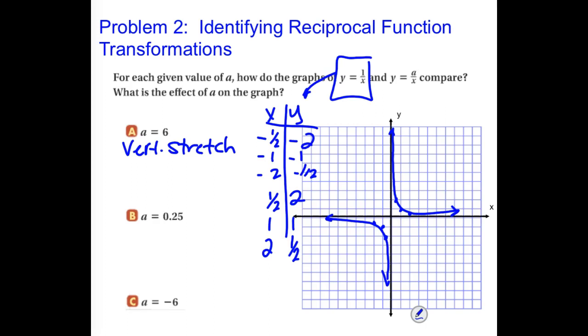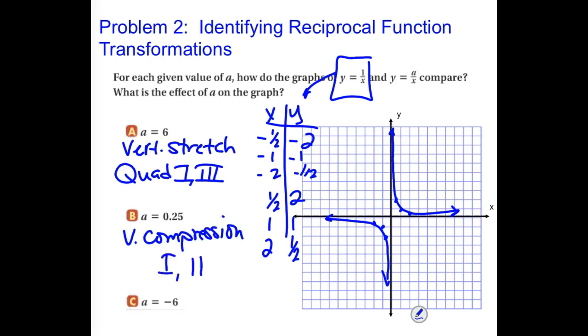No. So we are still in quadrants 1 and 3. What about if a is 25/100ths? We've made it smaller, so it's going to be pulled even closer into the origin. Vertical compression. Still in quadrants 1 and 3.